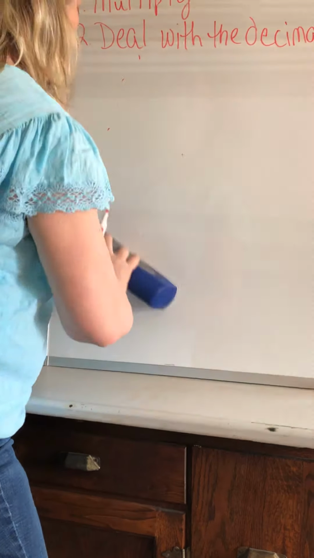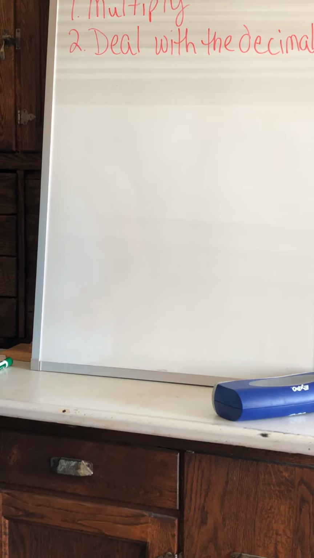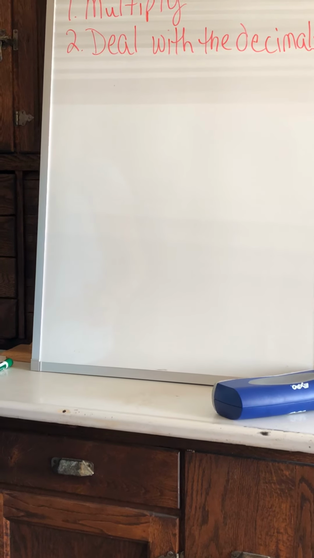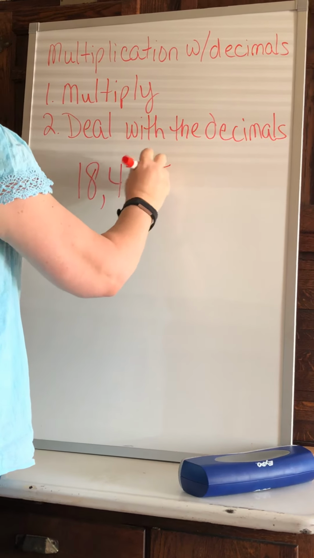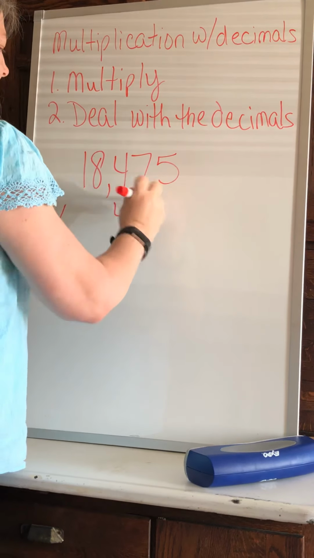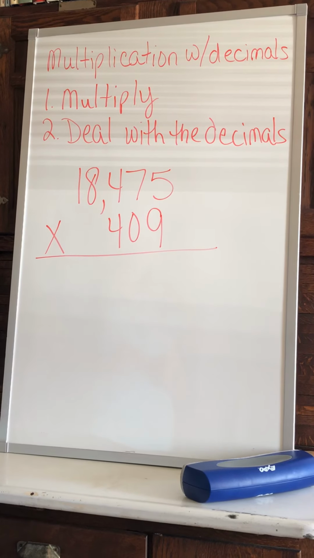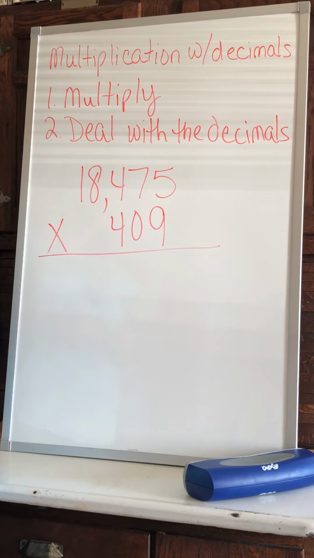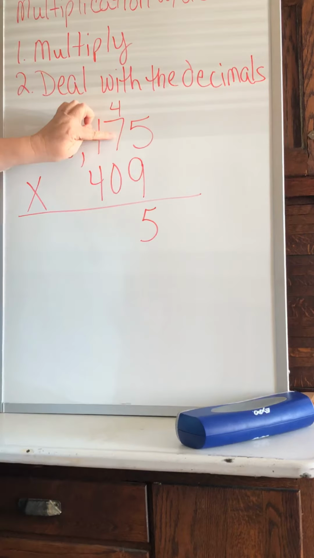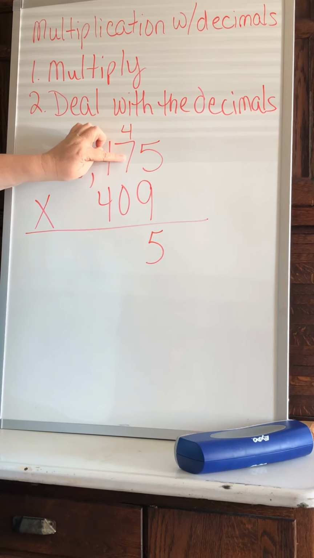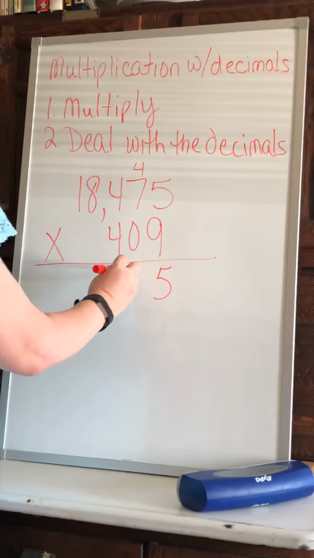All right, one more, if you're hanging in there. Okay, how about we do 18,475 times 409. Okay. Well, 9 times 5 is 45. Carry your 4. 9 times 7 is 63. 63 plus 4 is 67.